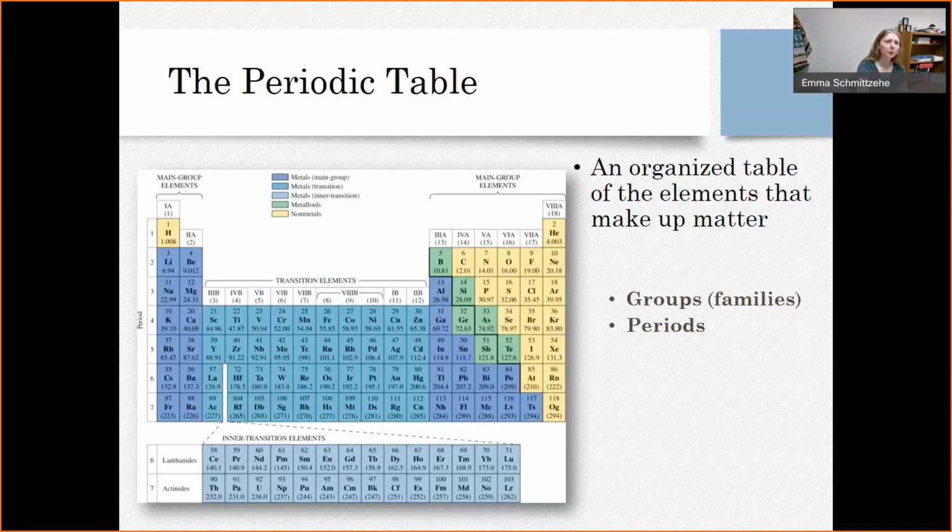Now, another way we can simply break down the periodic table is to talk about metals and non-metals. Metals are, at least on this periodic table, shaded in all different shades of blue. Now, they have sectioned it out into main group metals, transition metals, and inner transition metals.